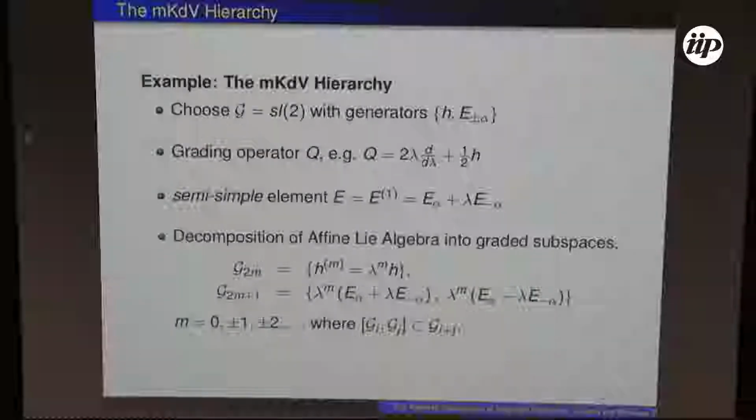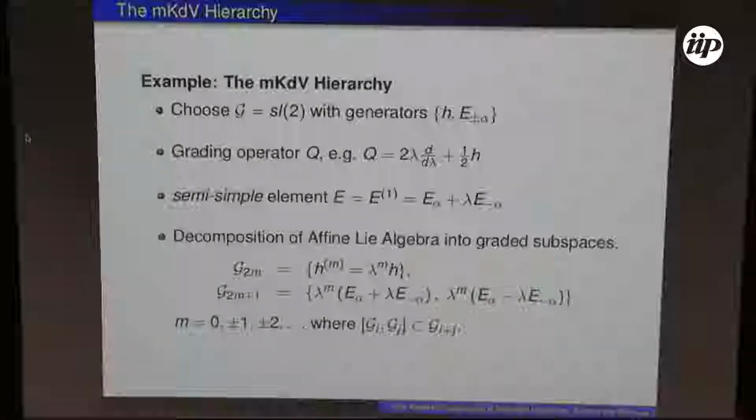This choice of grading operator is called the principal grading. And the choice of my grade 1 operator is E. So my infinite algebra consists of those generators multiplied by some polynomial in some parameter lambda.